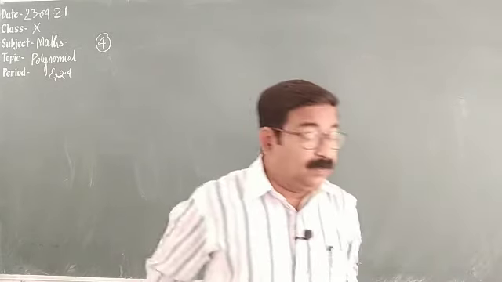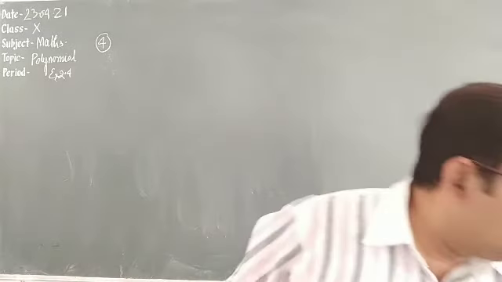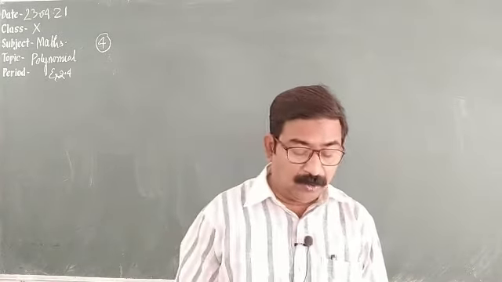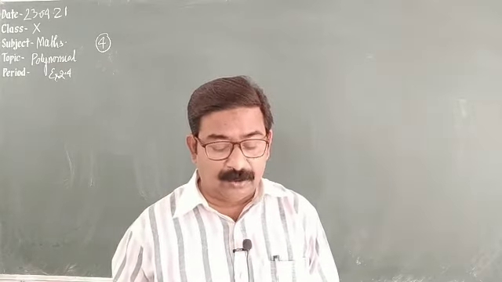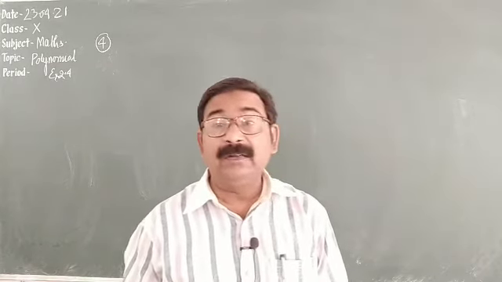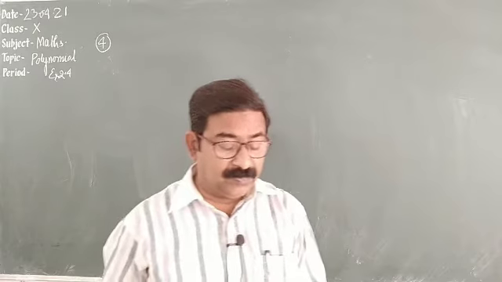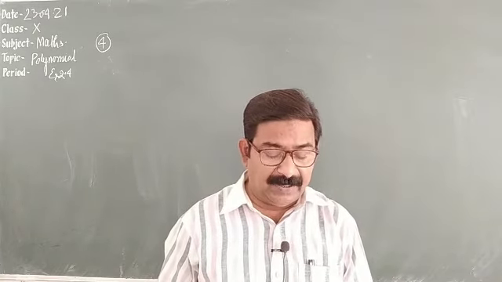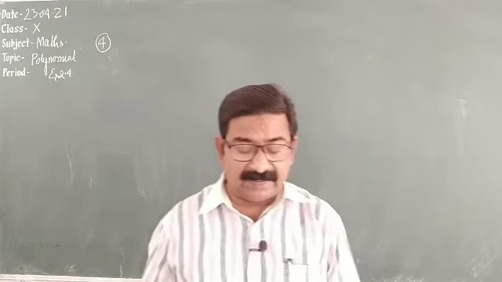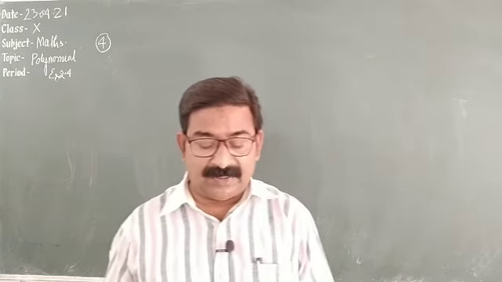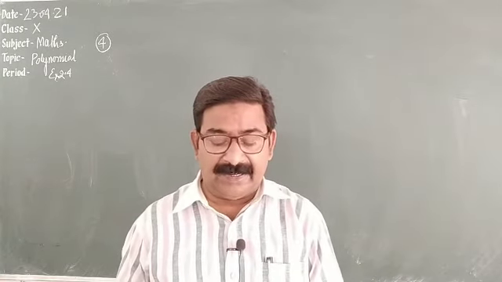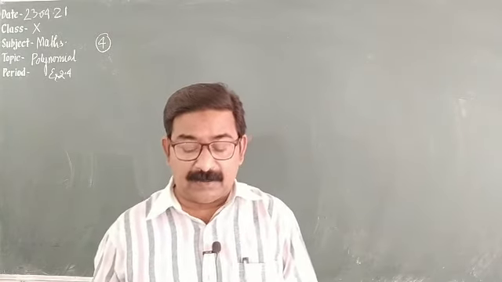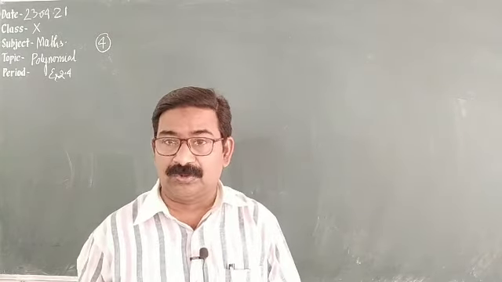We are given a polynomial of degree 4 and two of its zeros are given, and we have to find the others. Question is, if two zeros of the polynomial x to the power 4 minus 6x cube minus 26x square plus 138x minus 35 are 2 plus minus root 3, find the other zeros.